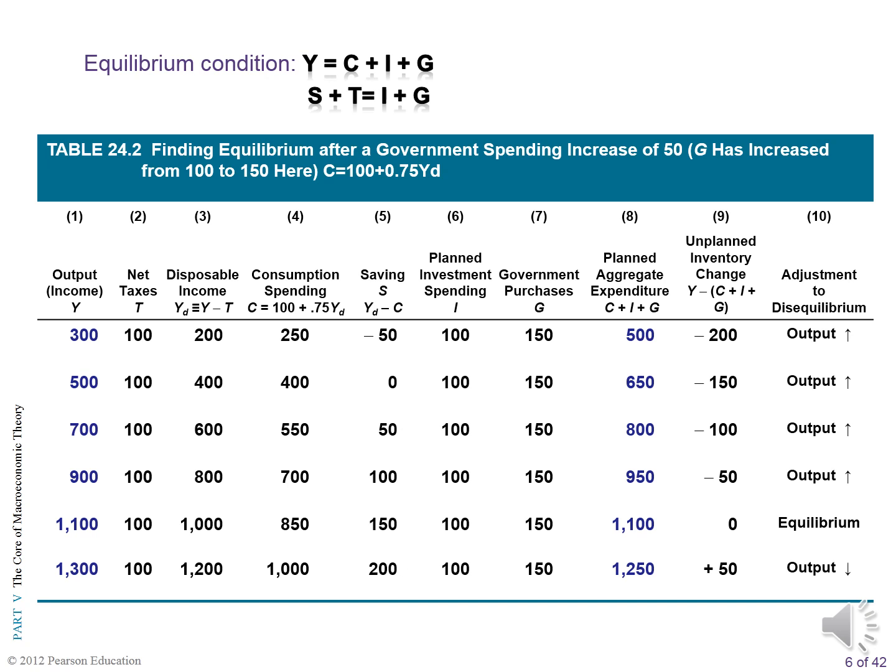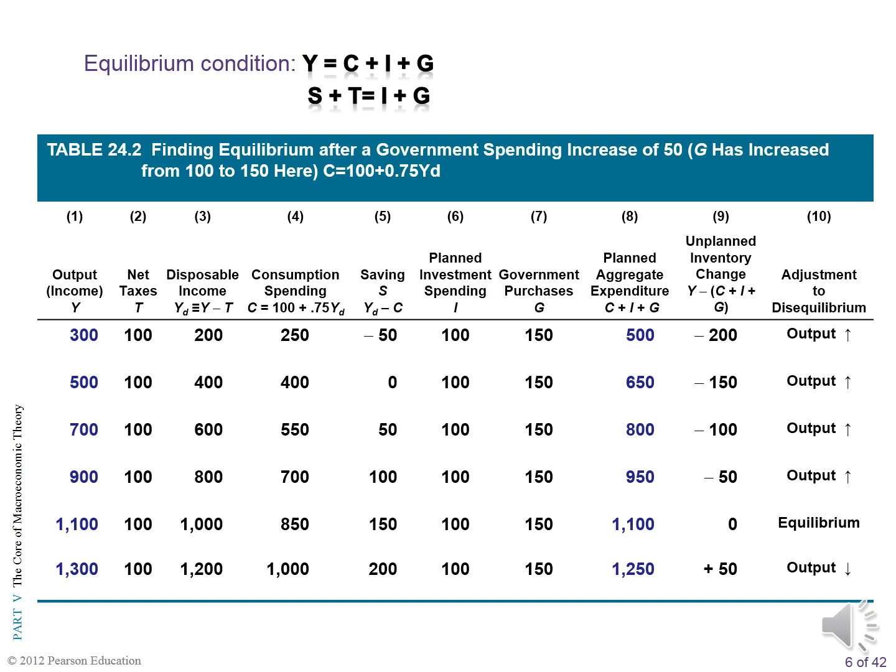Here, output income or Y, the first column, I must give it to you; you won't be able to derive it. Net taxes, or T, is also given; we agreed that we assume tax is lump sum, meaning exogenous in the economy. Where do I get disposable income? Disposable income is national income minus taxes, so 300 minus 100 is 200, 500 minus 100 is 400, and so on.